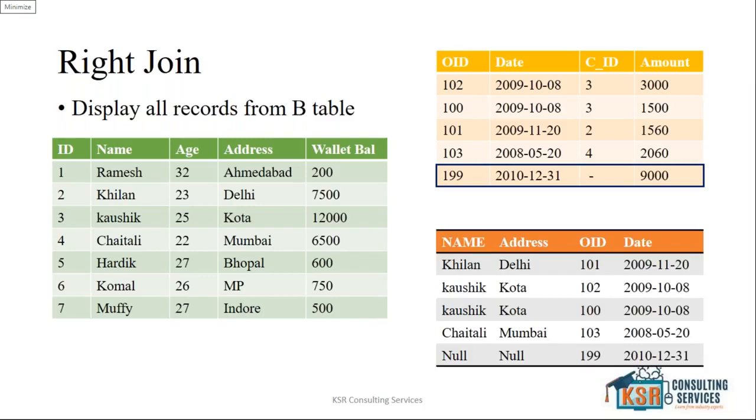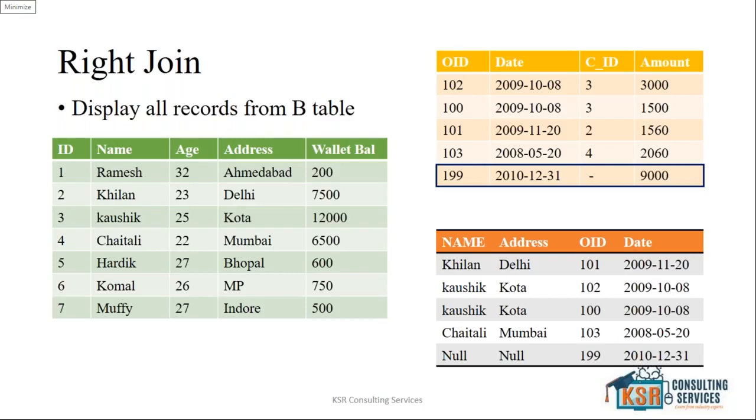All the records from table B will come. But for something which is not present in table A, it will be given as null. Same concept of right join: whoever has purchased or not purchased, I get null and not null. Here I'm getting customer name itself as null, address as null. Why? That guy has not registered with us.